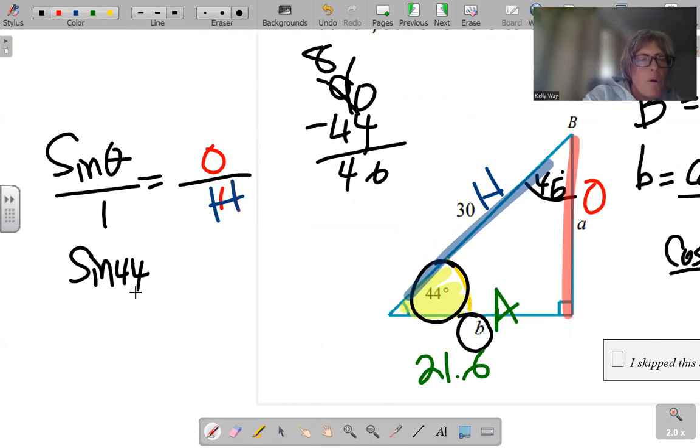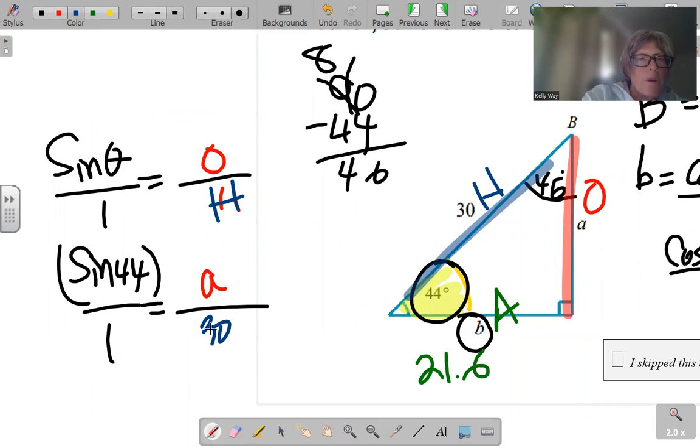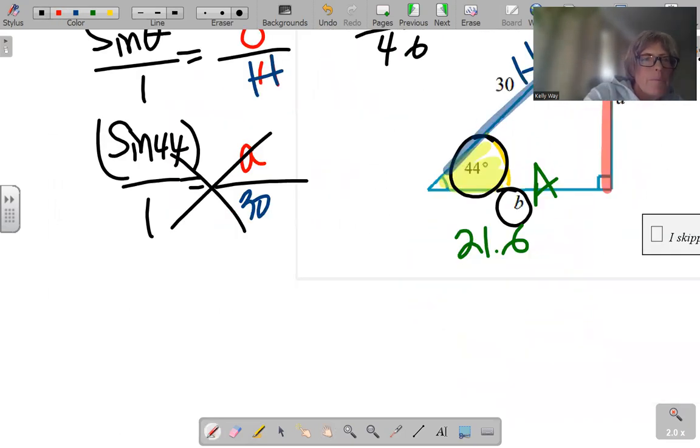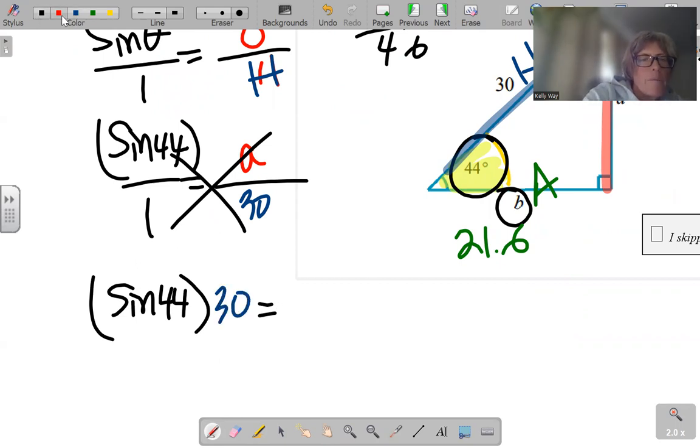Sine of 44, keep parentheses around that, equals opposite, which is A, over hypo, which is 30. Cross multiply. Sine 44 times 30 equals A.